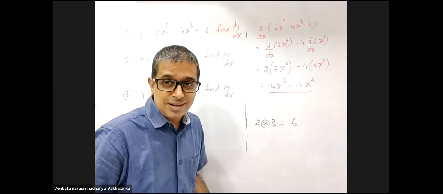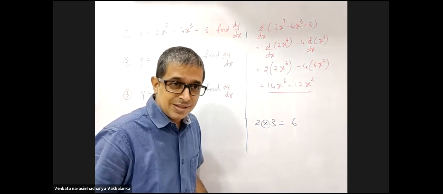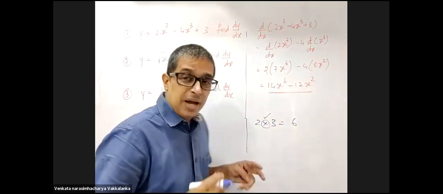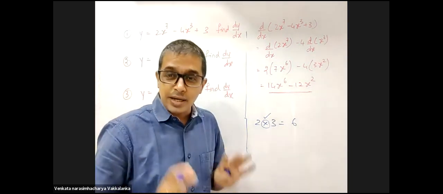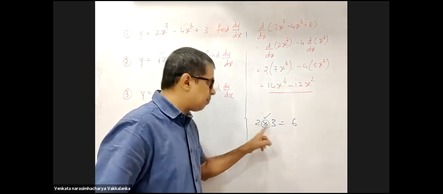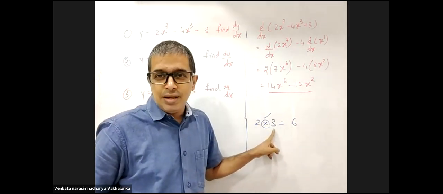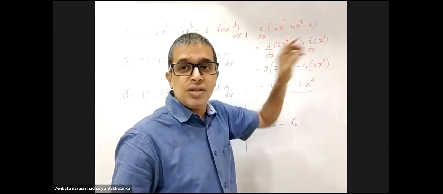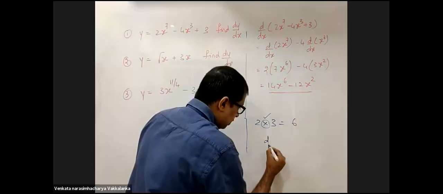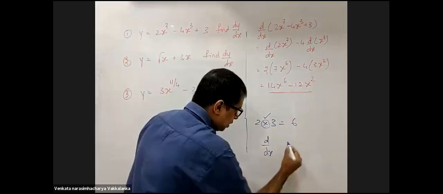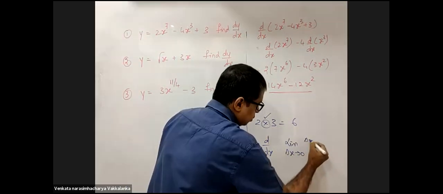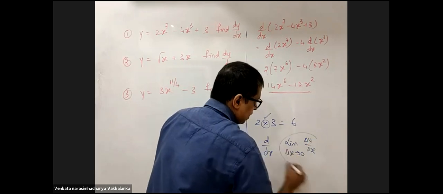The result of the function is applied, so the function no longer exists in the equation. This is a mathematical instruction given to you that you have to multiply 2 with 3. Once you have multiplied, you will not carry that. Now, d by dx is a mathematical instruction. d by dx is what? Limit delta x tending to 0 delta y by delta x.